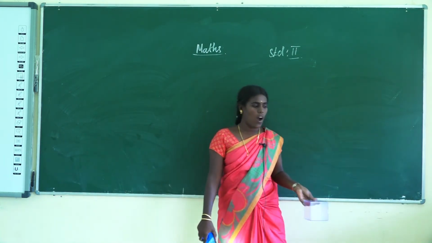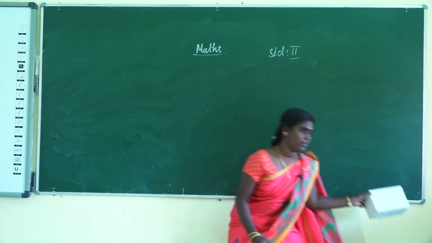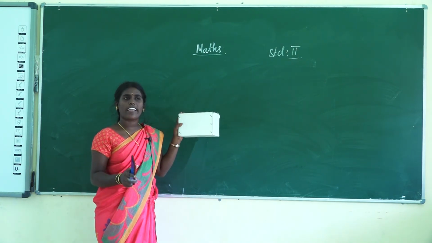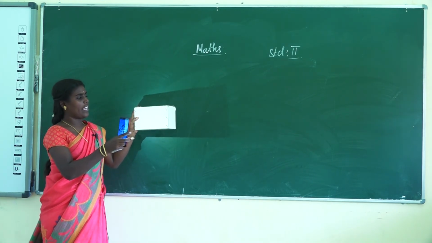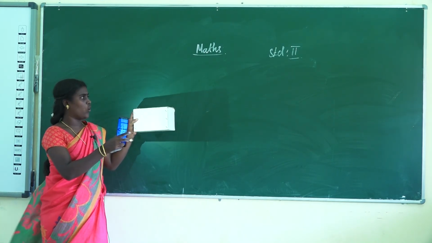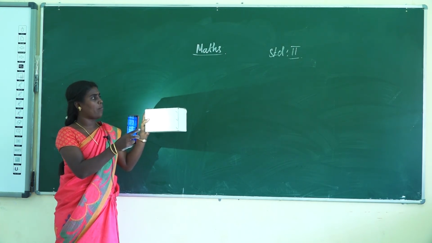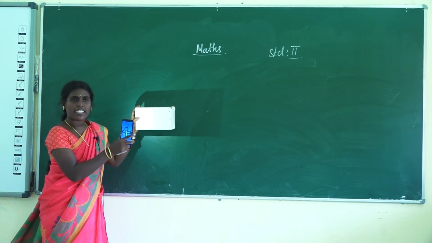Next one is cuboid. It looks like a rectangle. Now I show the shadow. See the blackboard, everyone. What shape do you see? You see the rectangle?